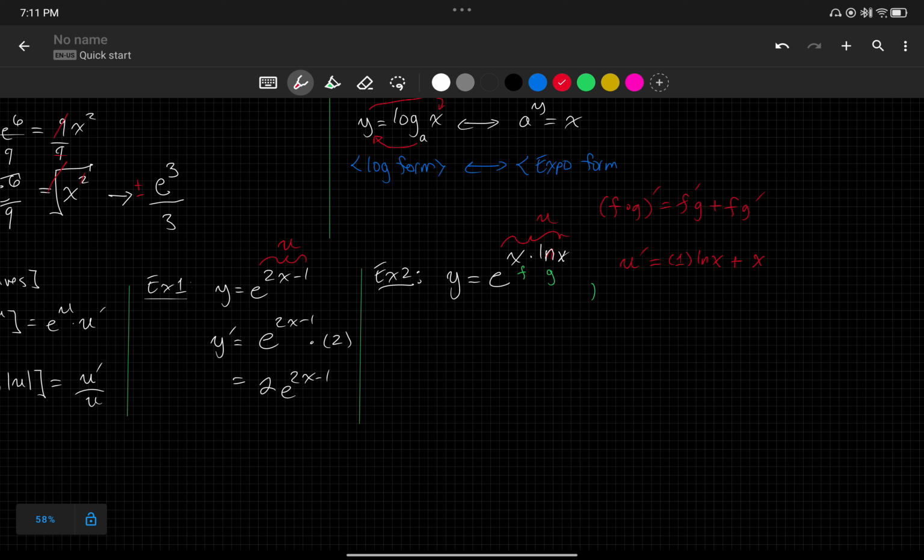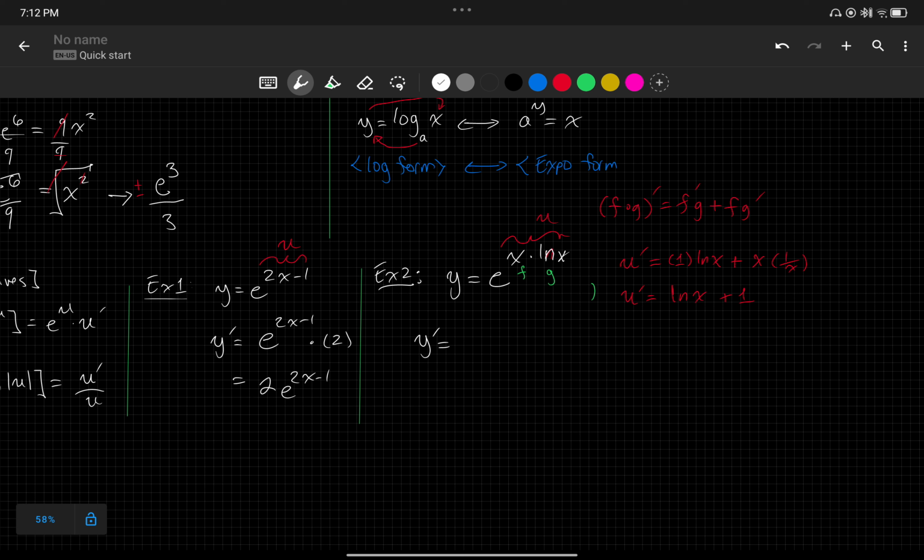So what's the derivative of ln? 1 over x. All right, let's clean it up a little bit. So then this is ln of x plus 1 because the x's cancel. Okay, perfect.